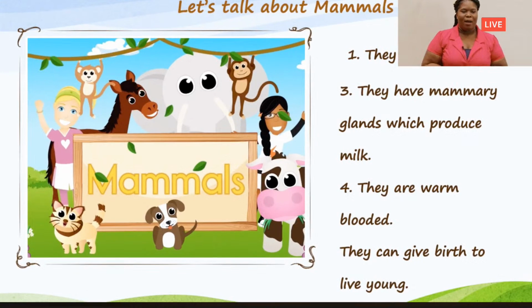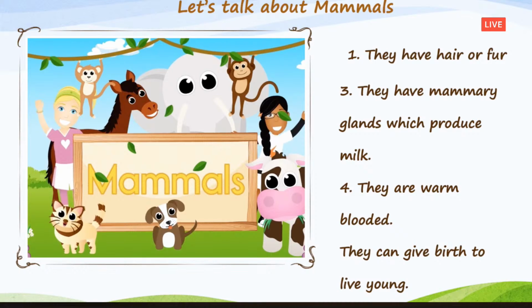Let's talk a little about mammals. Now, mammals have hair or fur. Can you think of an animal now that has fur or hair? They have mammary glands that produce milk.